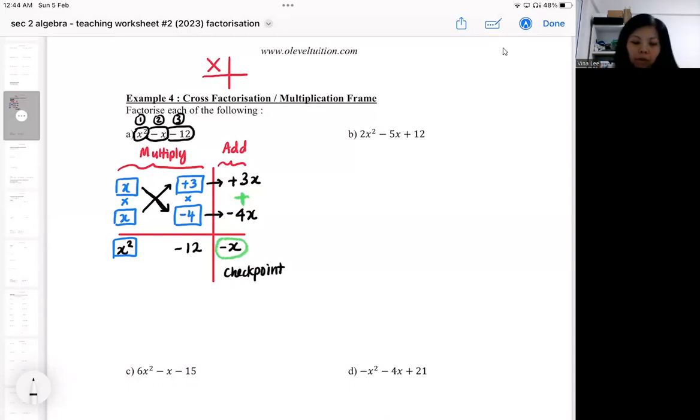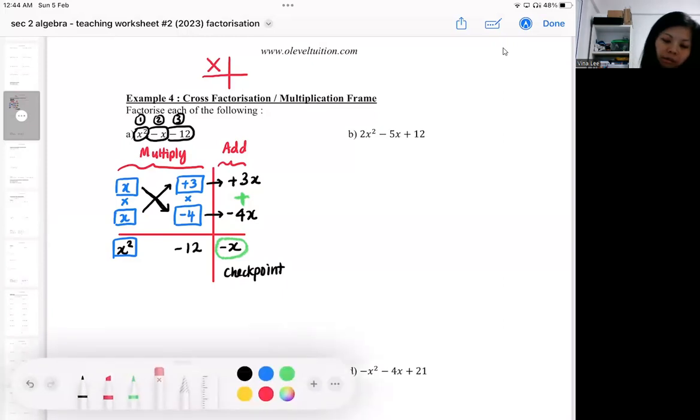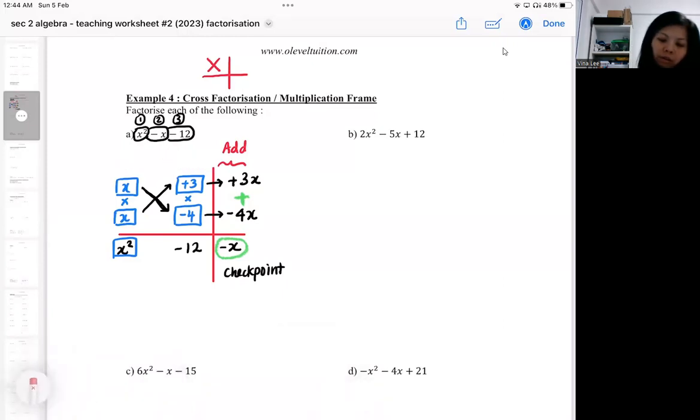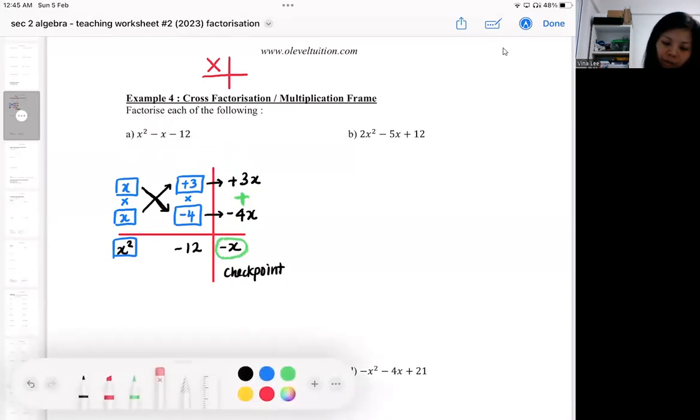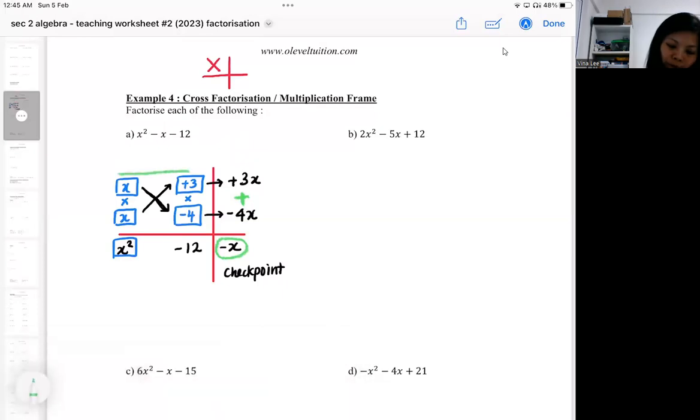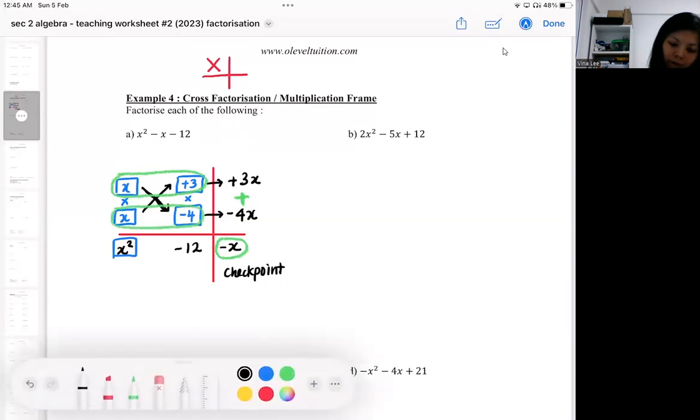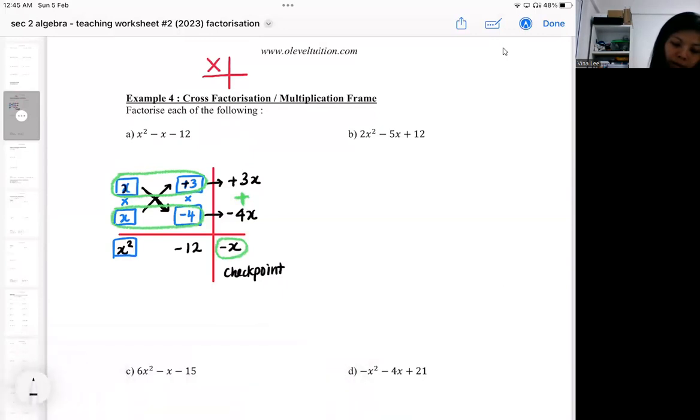Okay, so then where exactly is your answer? After doing so much, where is the answer? The answer will be the two, this and this. So this one is x plus 3. Then this one is x minus 4.